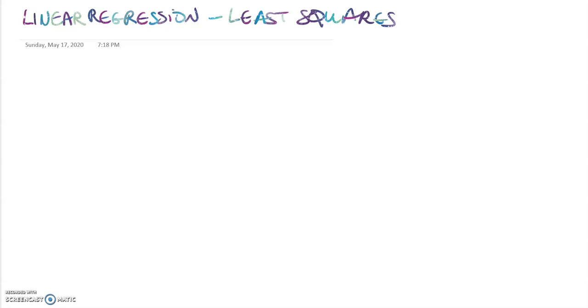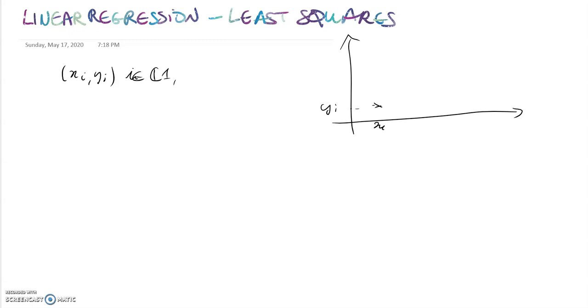Okay, so basically the idea is that you've got a series of observations. You've got some observation xi with a corresponding yi. So you've got a list of pairs (xi, yi) for i belonging to the set of integers 1 to n, let's say, and it's going to make a scatter of points.